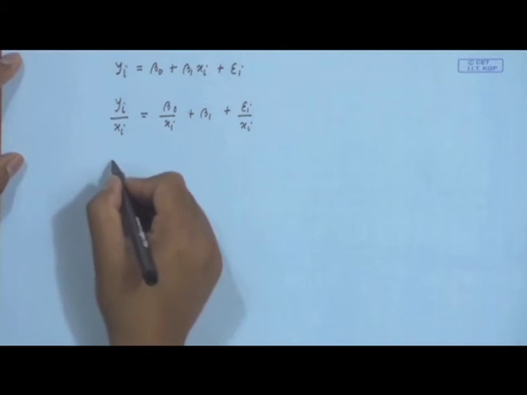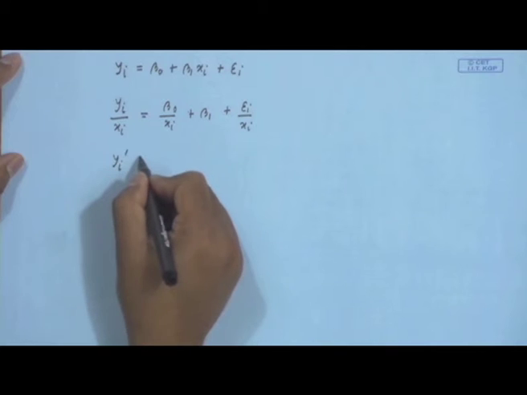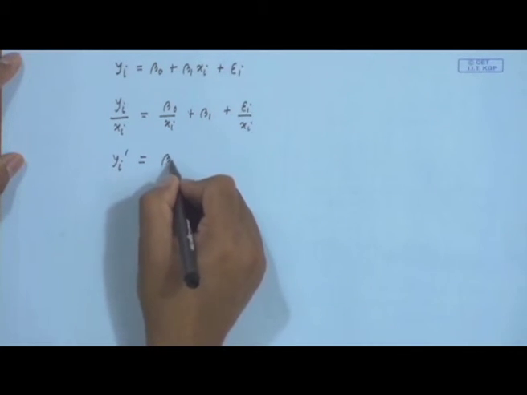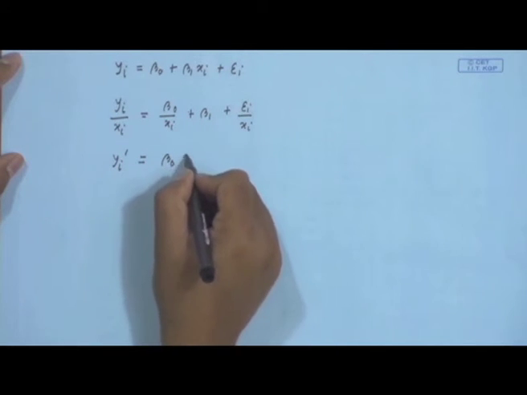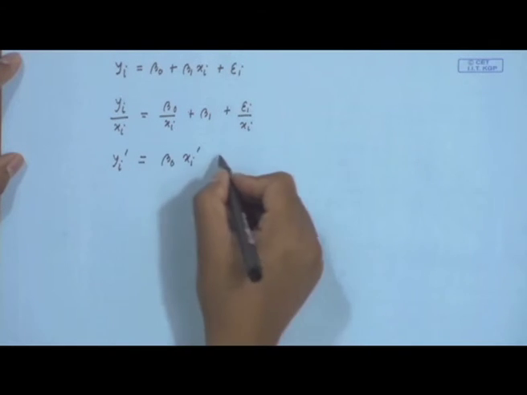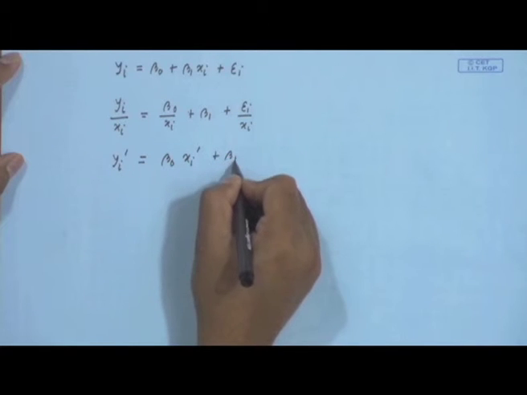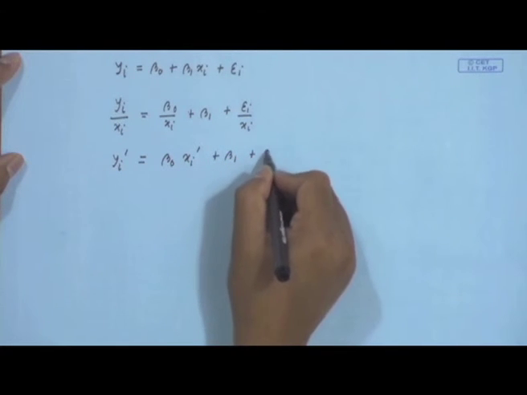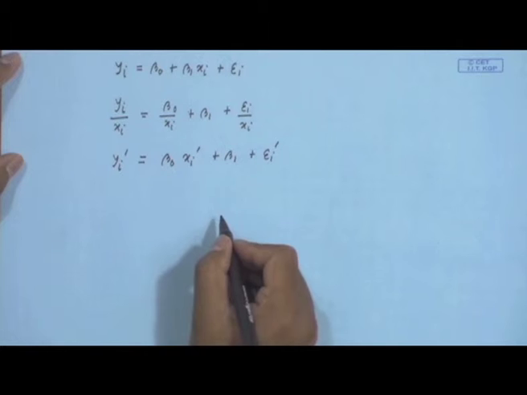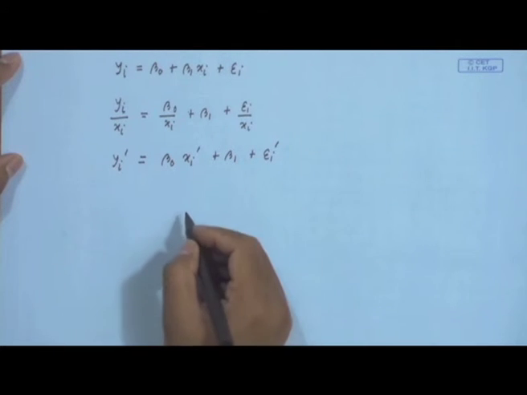So, if I call this y_i prime, then y_i prime is equal to beta naught times x_i prime, which is 1 by x_i, plus beta 1 plus epsilon_i prime. And so, this is the transformed model.